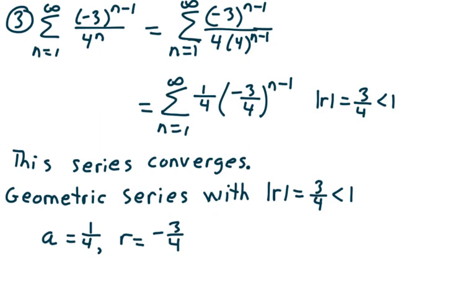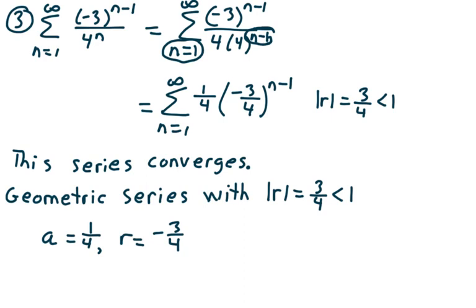So when you have a lower limit of 1, you need an exponent of n minus 1. But this can be written as the summation from n equal 1 to infinity of 1/4 times negative 3/4 raised to the n minus 1.